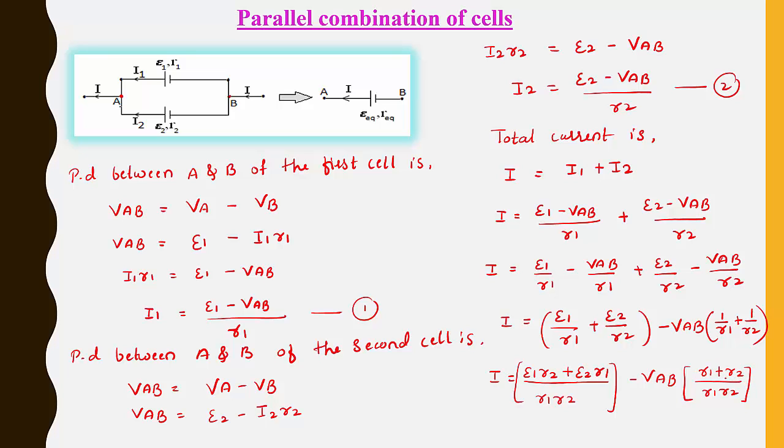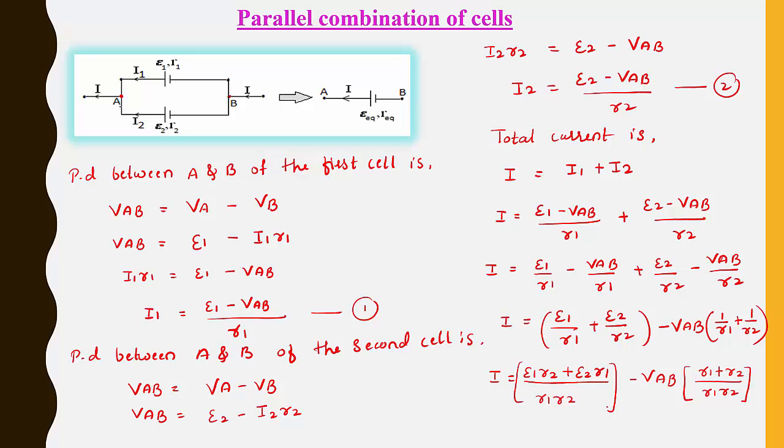Now I am going to write VAB into R1 plus R2 divided by R1 R2. This term I can take to the LHS, where it will become a plus. And I am going to take I to the RHS, where it will become minus.